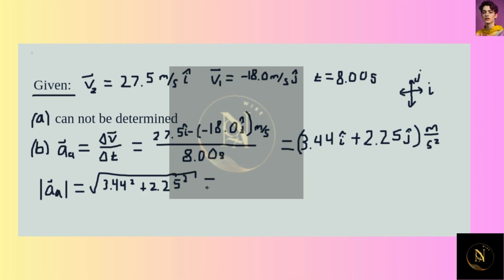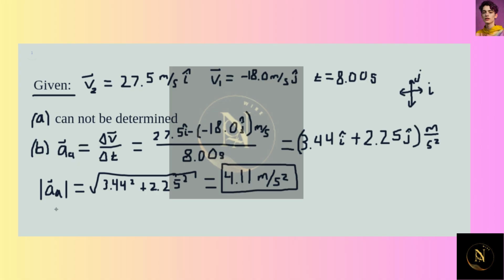Okay. If you carry this out, you get 4.11, and that's in meters per second squared since it's acceleration. Okay. There's the magnitude. And now we also want to find the direction.